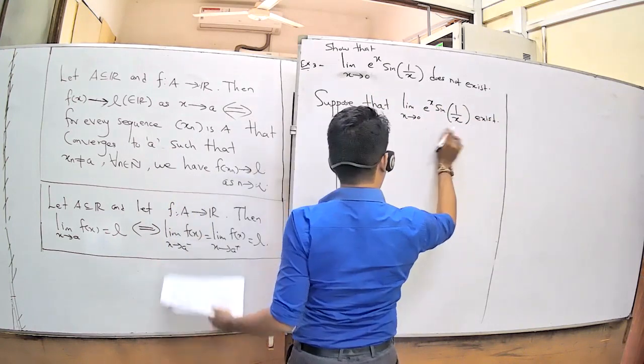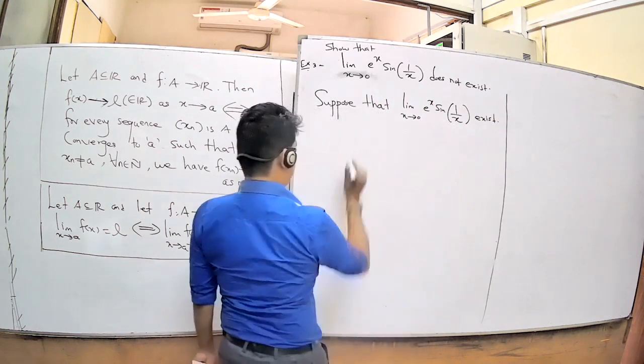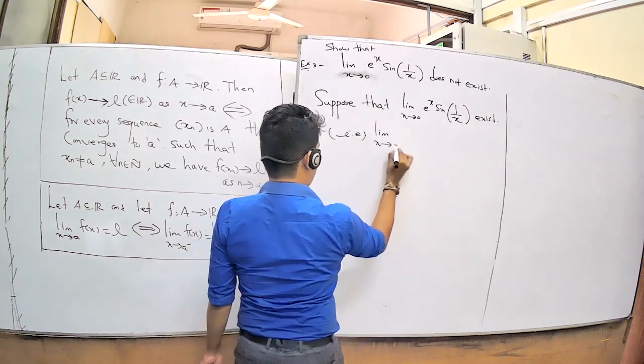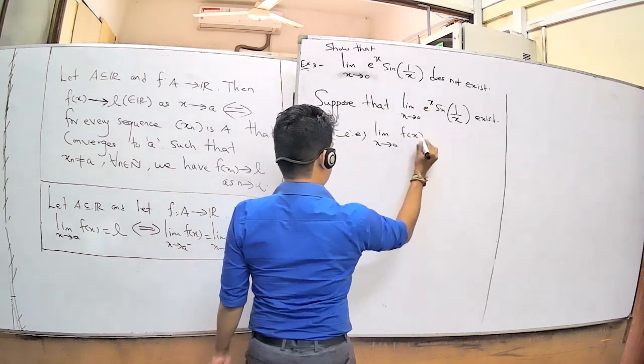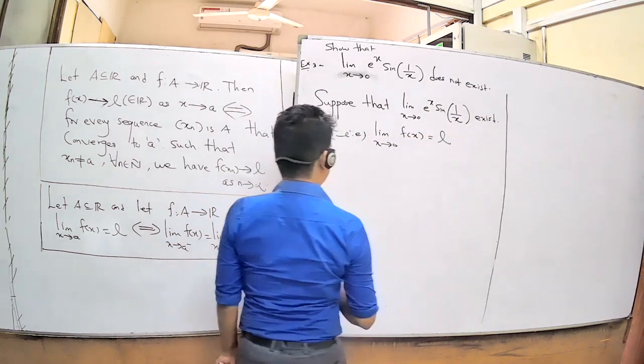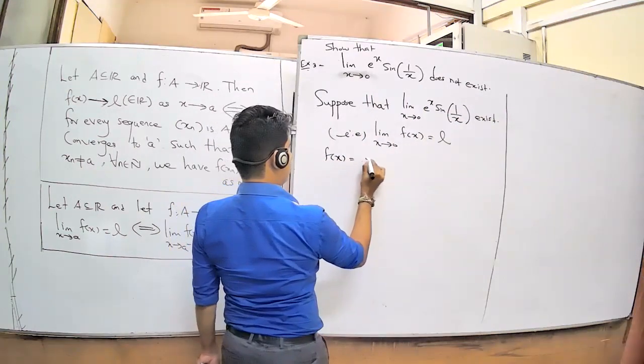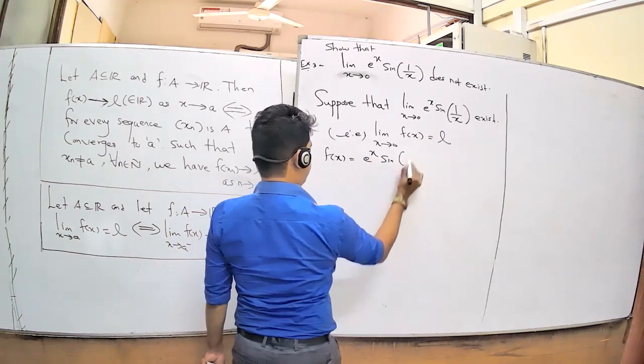Put this as f(x), so the limit as x tends to 0 of f(x) equals L, where f(x) equals e^x sin(1/x).